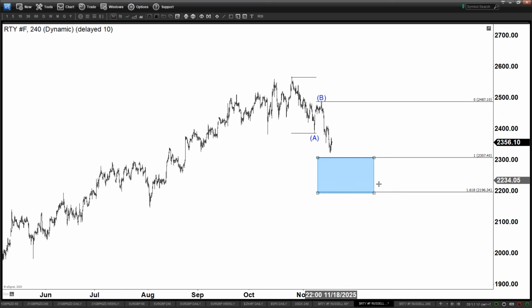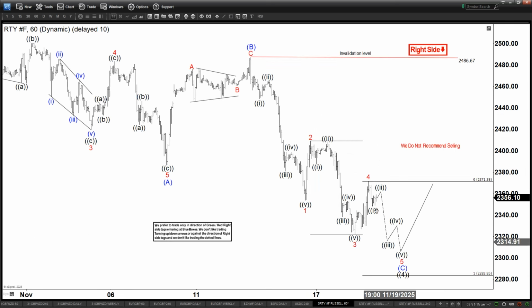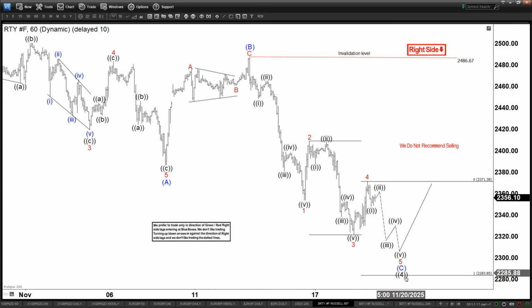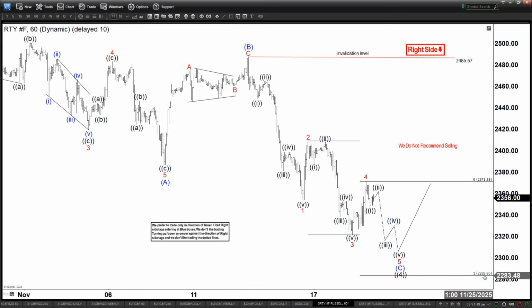And then you combine this with the idea that if this is really 1, 2, 3, 4, 5, then the 5 should not be breaking below 2283. Otherwise, you can always change the count. You can change it to WX, and then this is W, and then XY. So I wouldn't really use the 2283 as an absolute black and white kind of level, right? I can adjust this one if I need to.